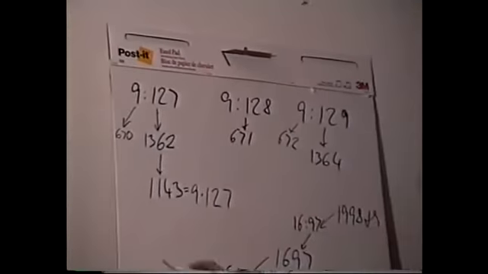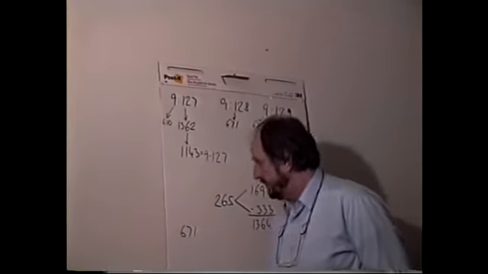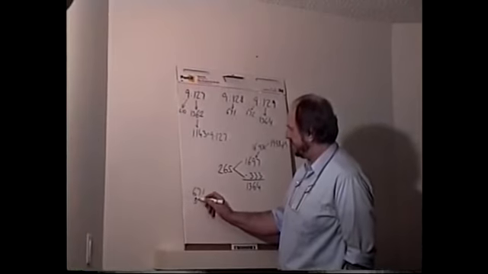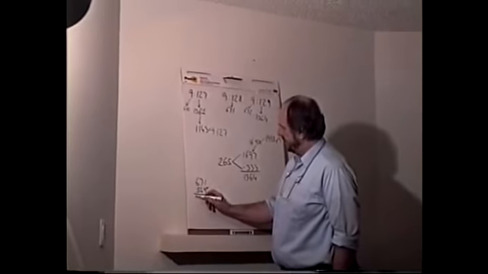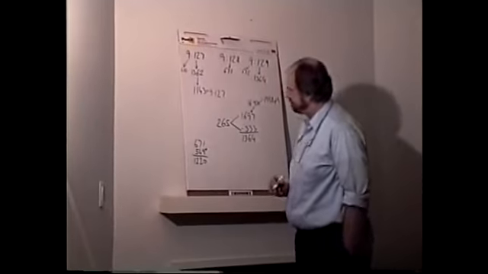Now if we look at 671, 671 is a composite number. It's the 549th composite number. The sum is 1220.